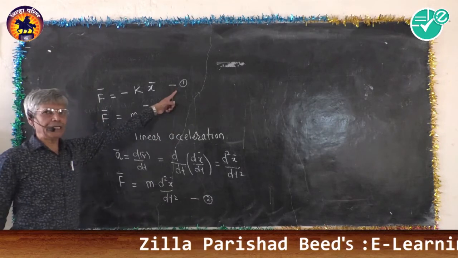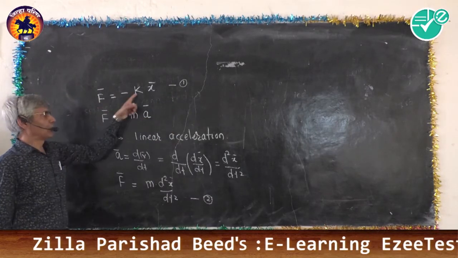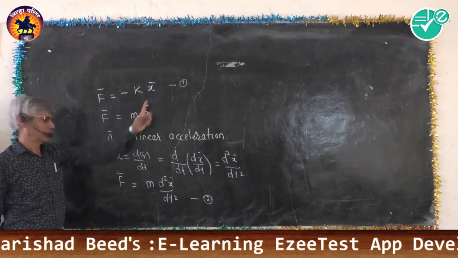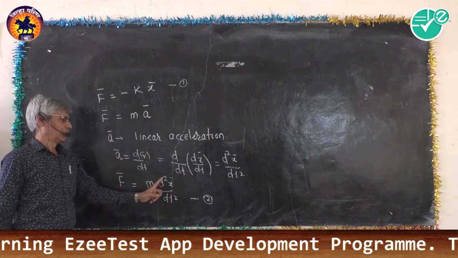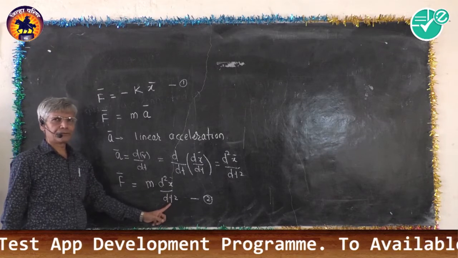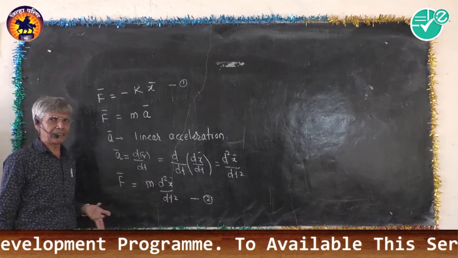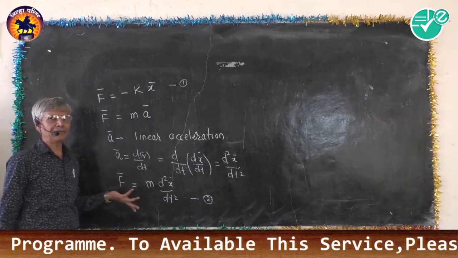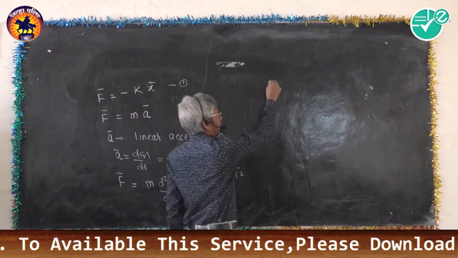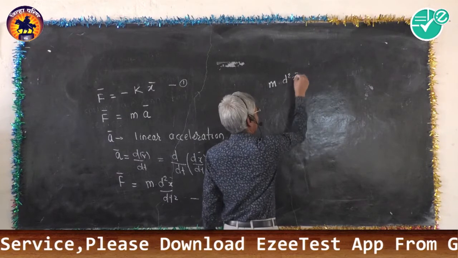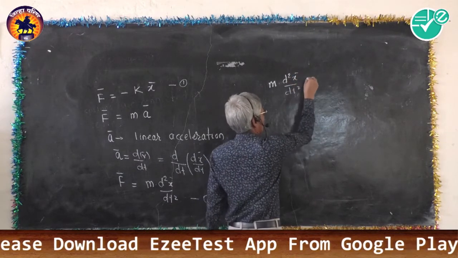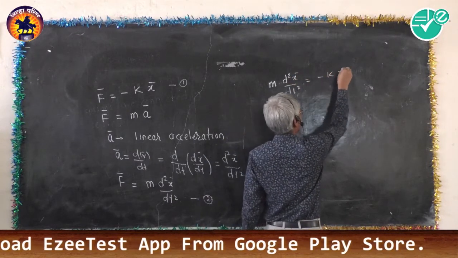By using equation 1, F equal to minus kx, and by using equation 2, F equal to m into d2x by dt2. As both equations represent the same restoring force, we can equate them, and we have m into d2x by dt2 equal to minus k times x.